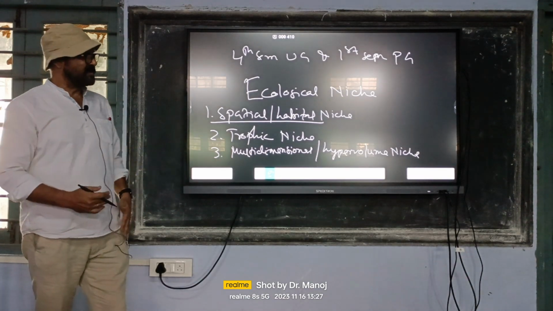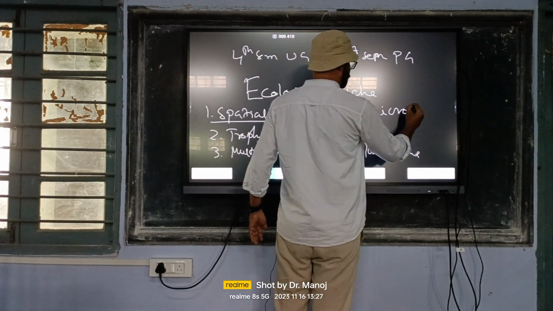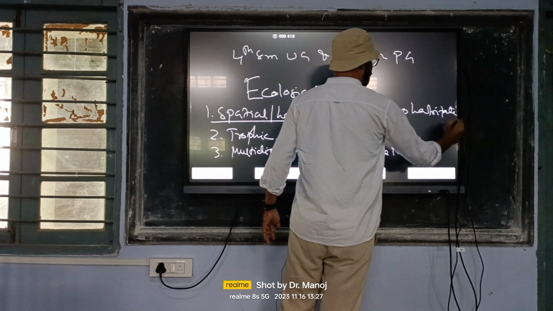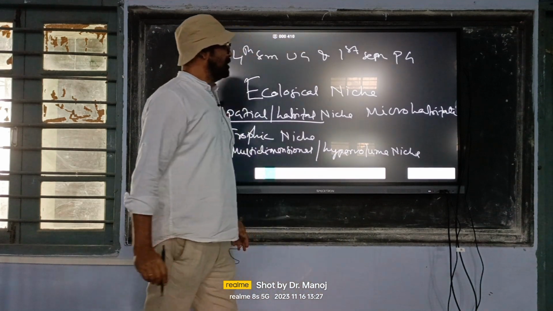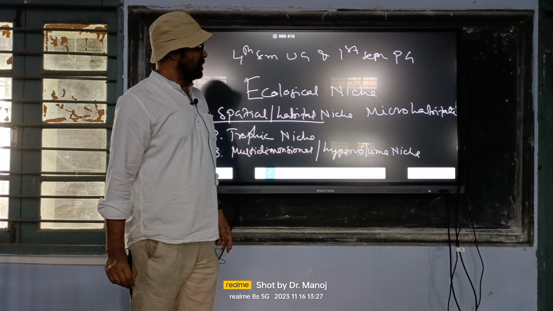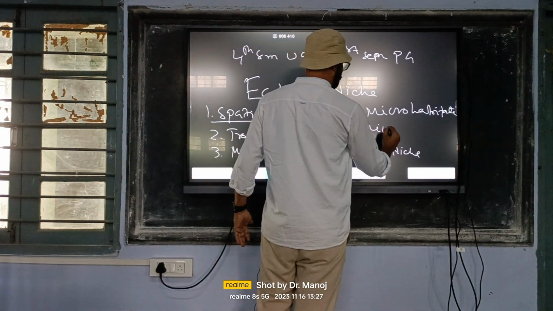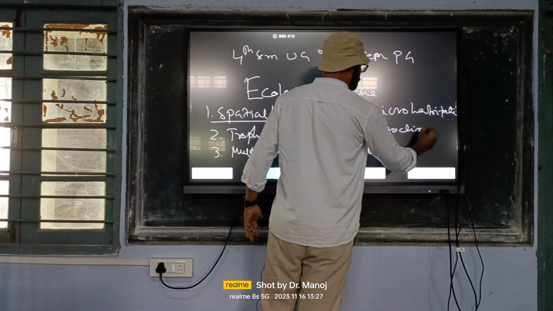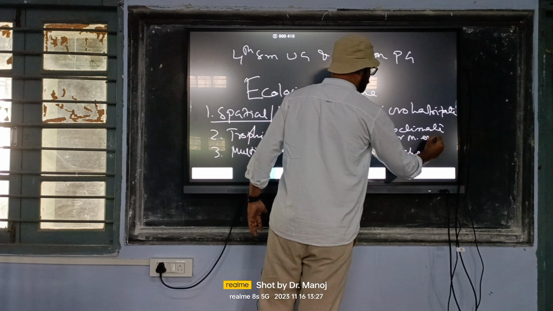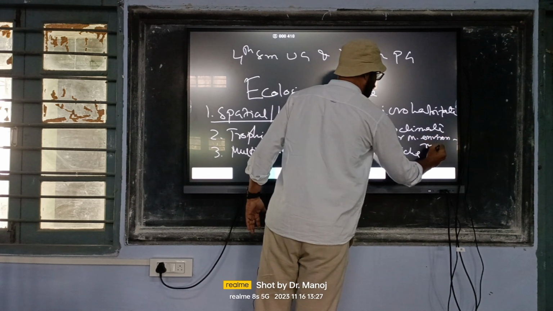The subdivision of habitat is called the microhabitat, and the environmental variable present in the microhabitat is called microclimate or microenvironment.